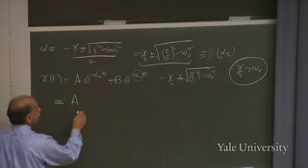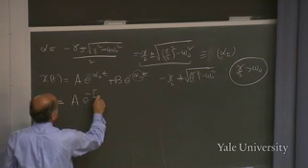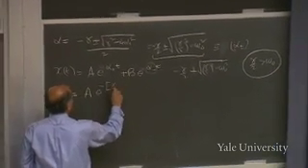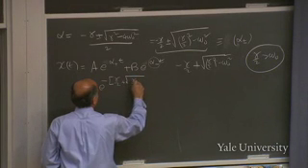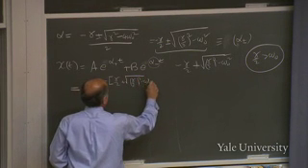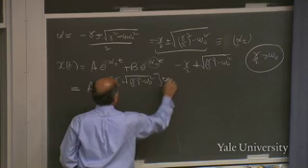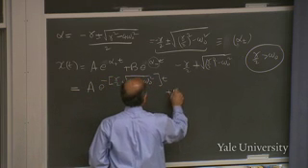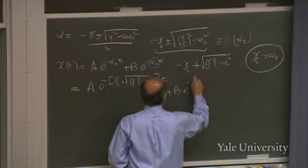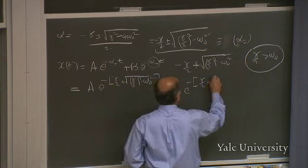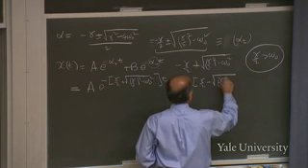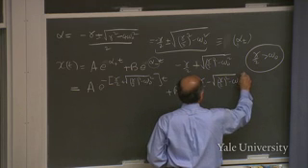A e to the minus gamma over 2 plus square root of gamma over 2 squared minus omega naught squared t plus b e to the minus gamma over 2 minus the square root of gamma over 2 squared minus omega naught squared t.